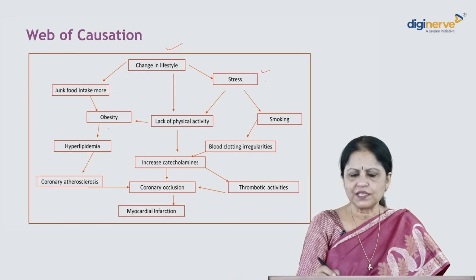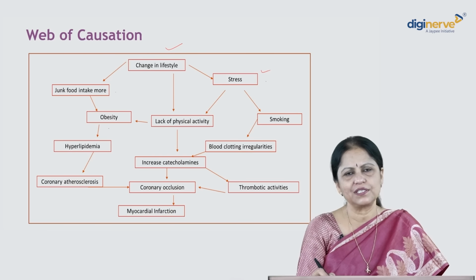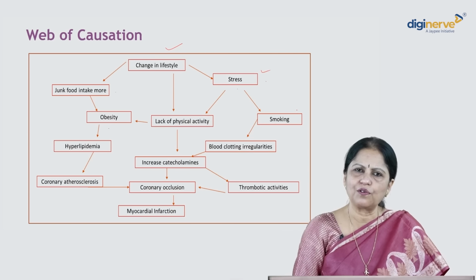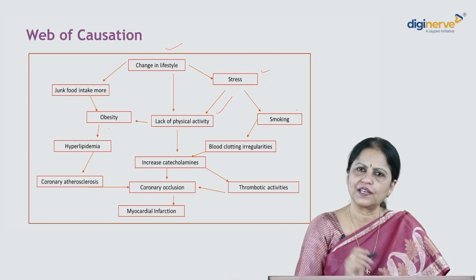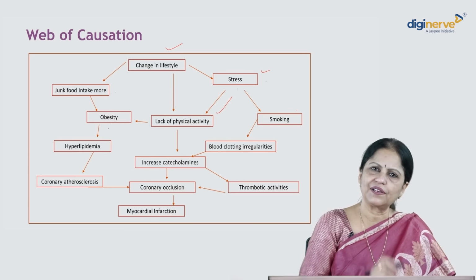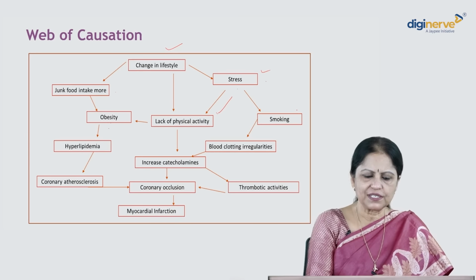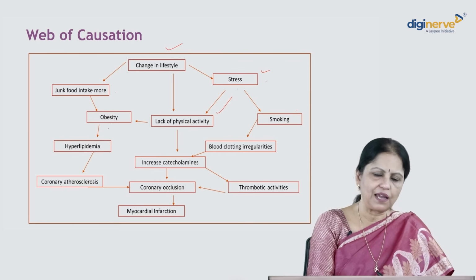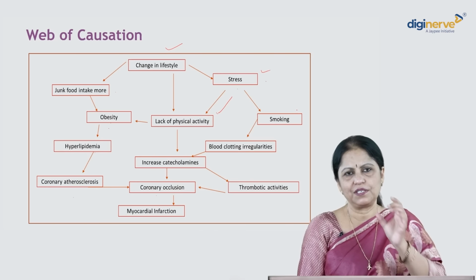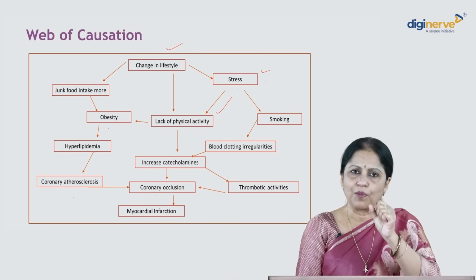Now stress, so to alleviate the stress, he is smoking tobacco. And for stress, he is not going out for walks, etc. So lack of physical activity is also happening. Now, lack of physical activity is again giving rise to obesity. Obesity is giving rise to hyperlipidemia and coronary atherosclerosis. That is leading to coronary occlusion. That means the coronary arteries are blocked.